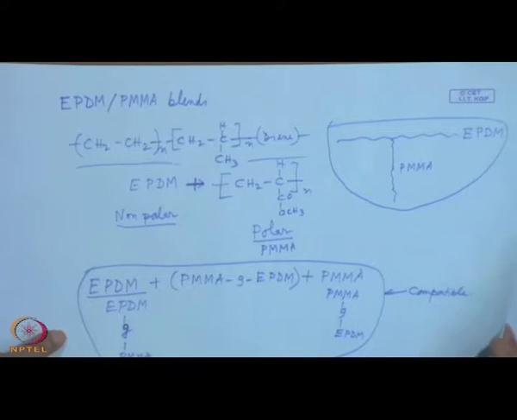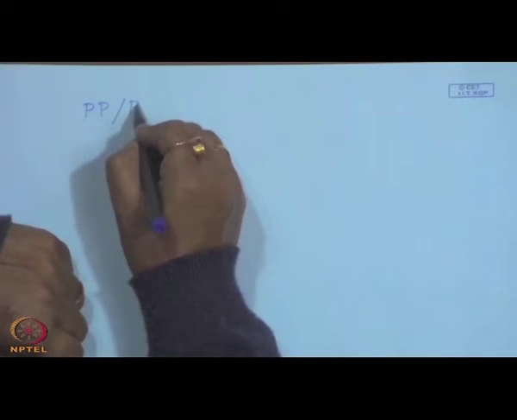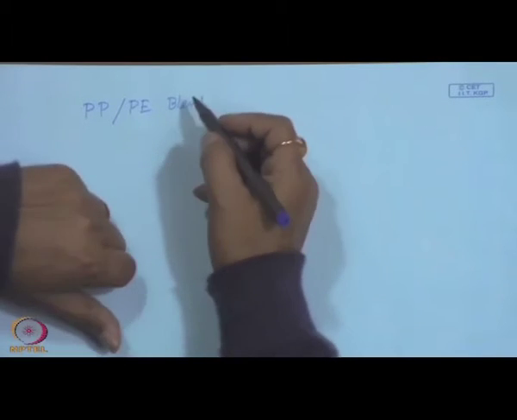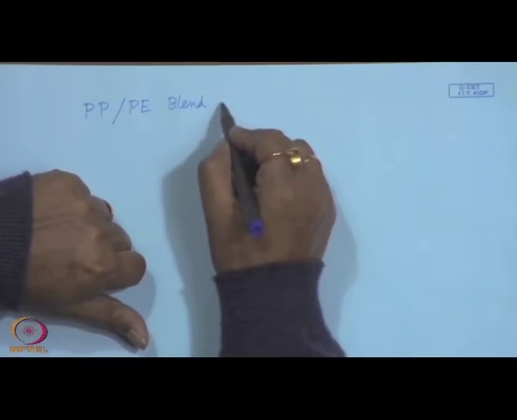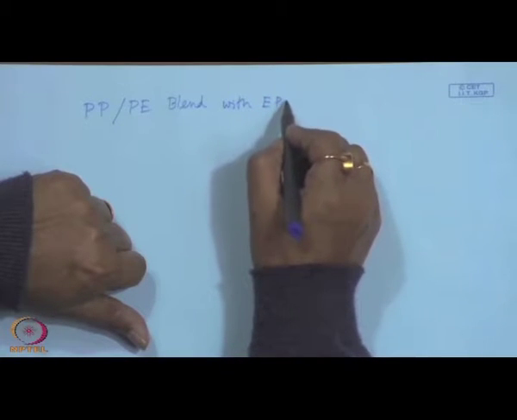There can be other example. Polypropylene polyethylene blend with EPM, ethylene propylene rubber.